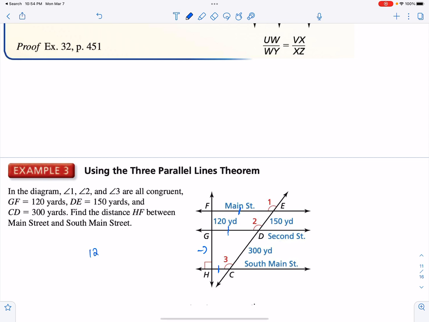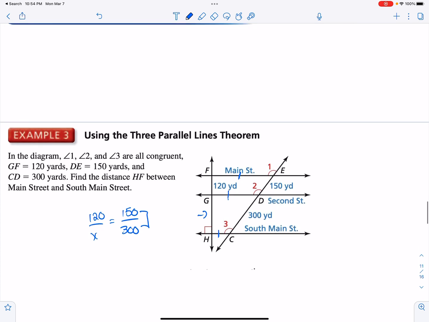So we're going to have 120 over what we don't know is equal to 150 over 300. Now I can reduce this right here and make life a lot easier. 150 over 300 is just going to be 1 over 2. So if I do my cross products, I just get 240 for that.